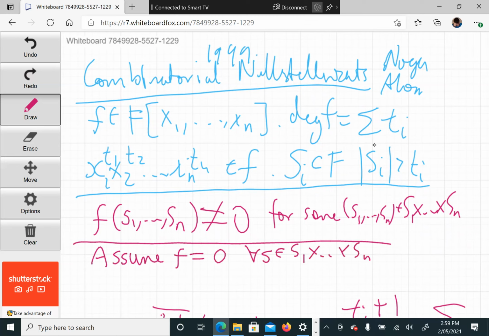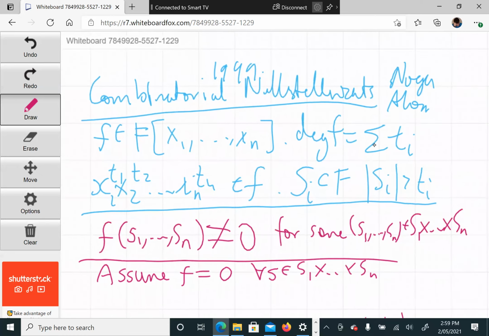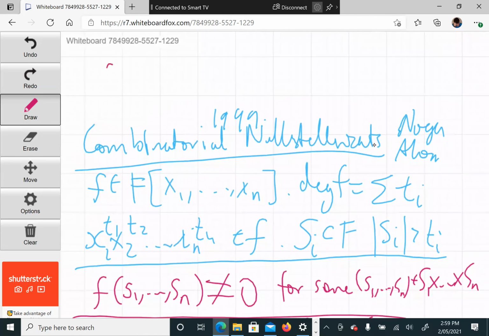Then f is the sum of hi gi, I guess, somehow. Does it just straight up work, or do you have to do a bit of extra fiddling? I'm pretty sure it works if I remember correctly. Then we look at the degrees. You have to make sure it's not weird.